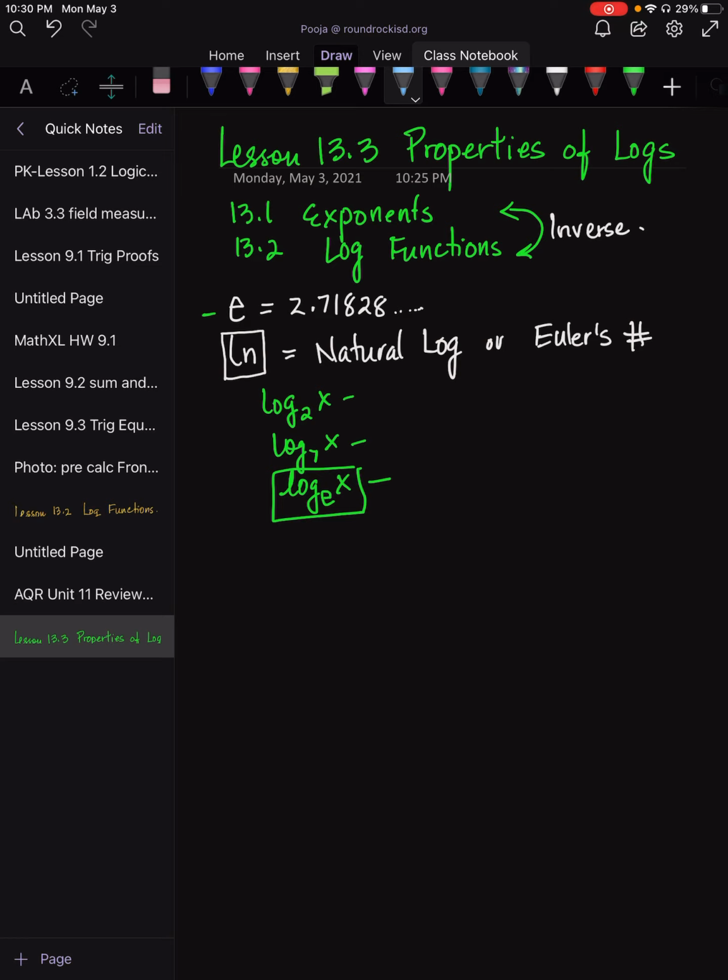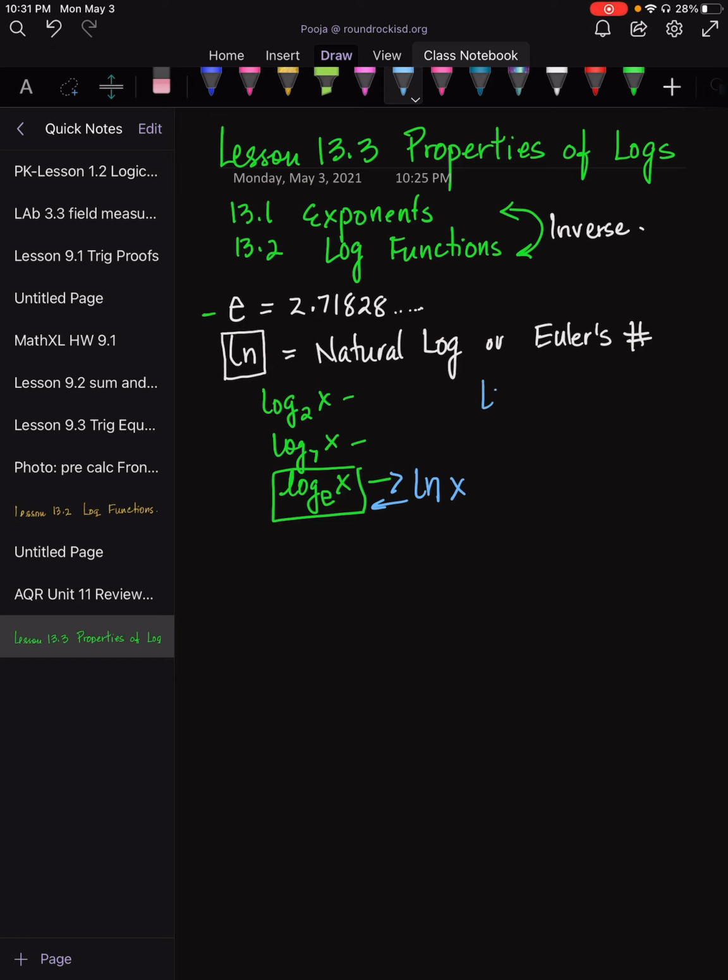You're going to see it rewritten as ln of x. So ln of x automatically means that it's log, but the base is e. That's the only difference. I mean, actually, there's no difference. It's just we're treating it special. Why are we treating it special? Because e is an irrational number that kind of continues. Okay, so knowing those two things, we will proceed.